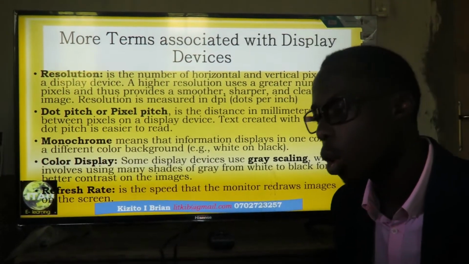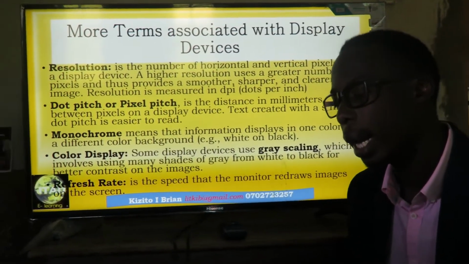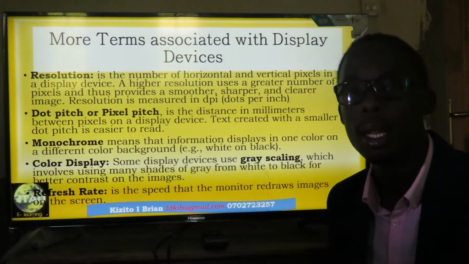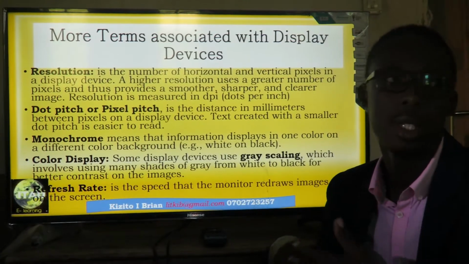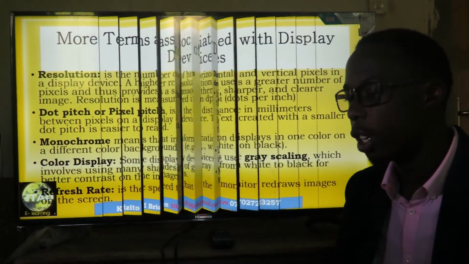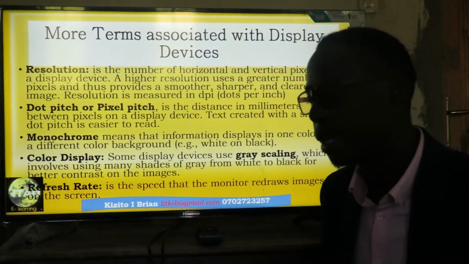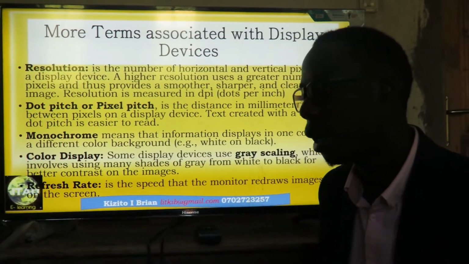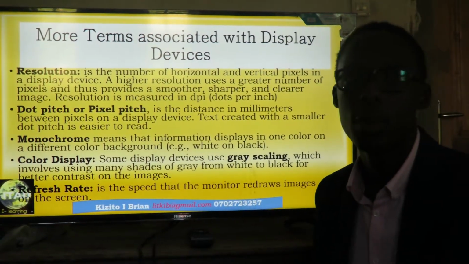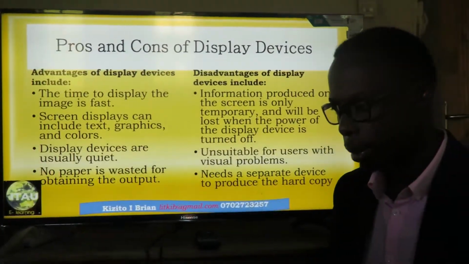We have the monochrome and color display. Monochrome meaning one color, and the color displays have a variety of colors. The refresh rate is the speed at which the monitor relays or redraws images on the screen. That is what you call the refresh rate.